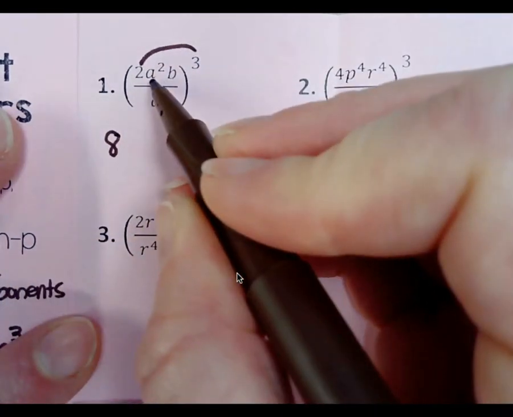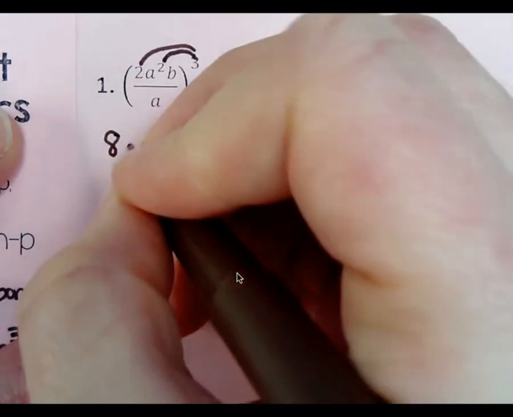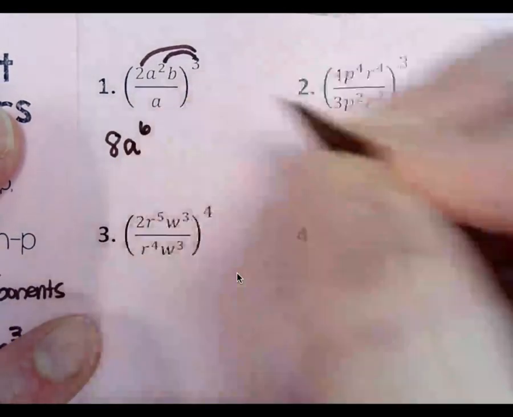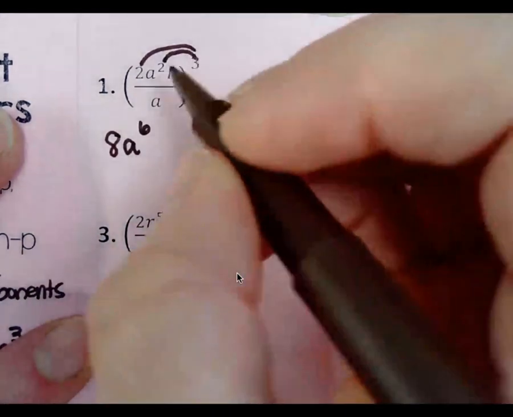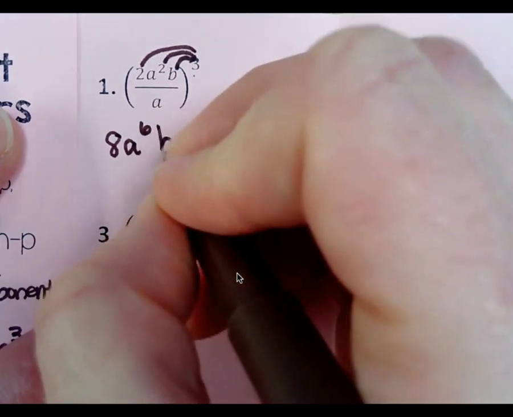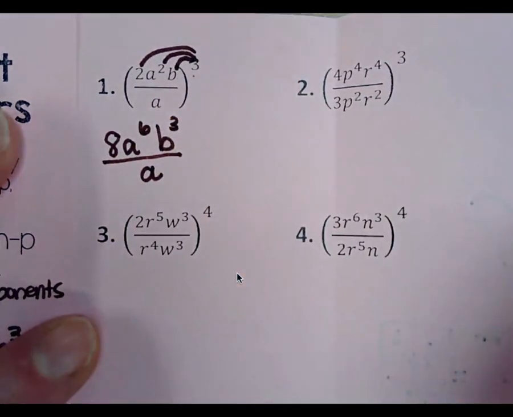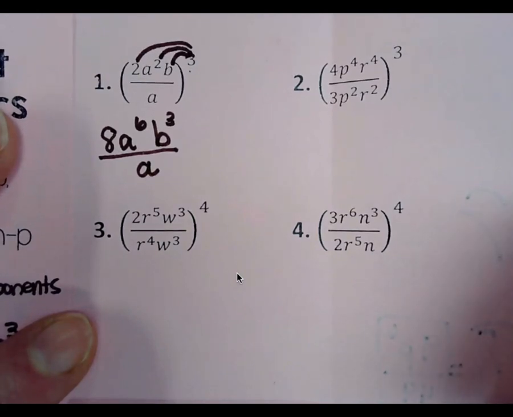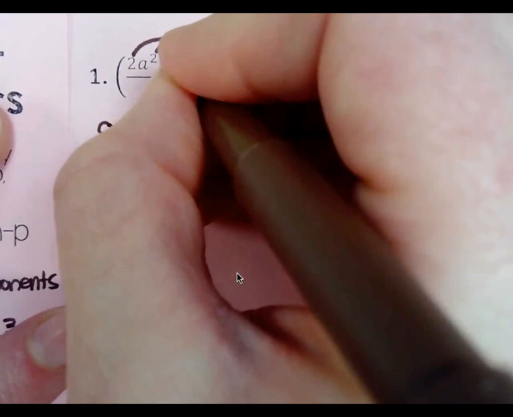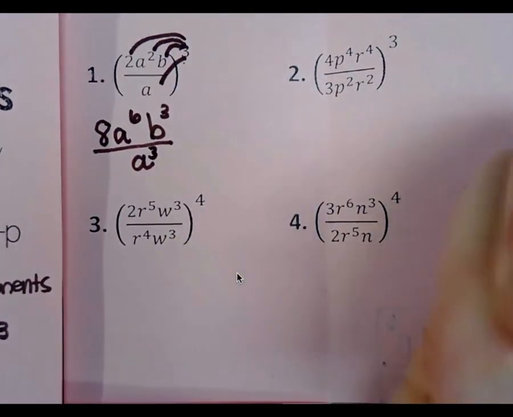And then a squared to the 3rd is a^6. And then b has a 3rd power, so now it's b^3 over just a. Did we not add 3 to the a on the bottom? Yes. Good catch. Good job.